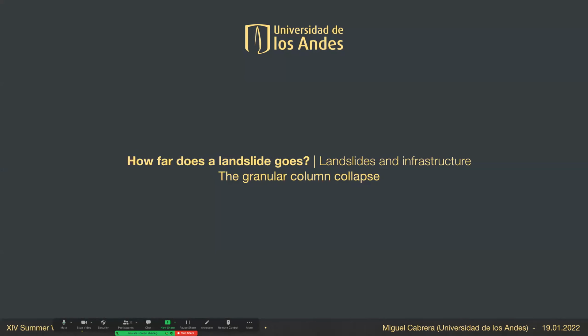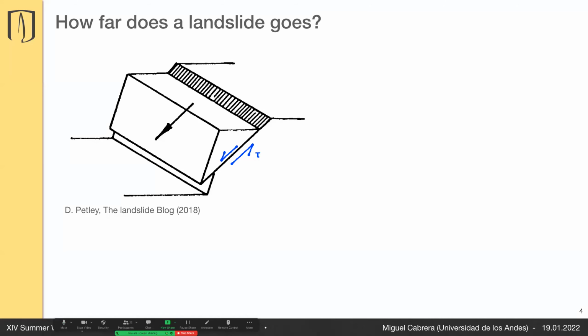So first of all, how far does a landslide go? Let's think about landslides and infrastructure. I'm from civil engineering, and in civil engineering, the simplest case for a slope stability analysis is that of a translational landslide. In this landslide, you have a wedge of soil that has a triangular cross-section that slides by self-weight, if we assume there is no water, just the self-weight.